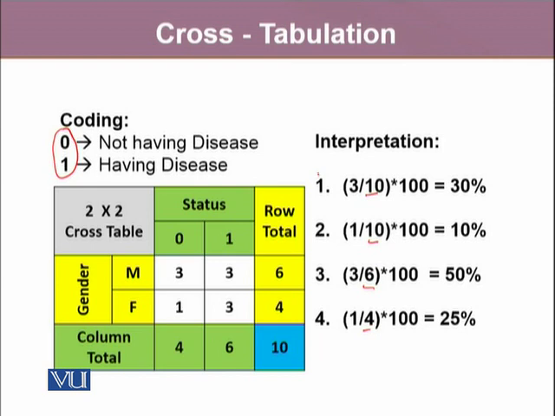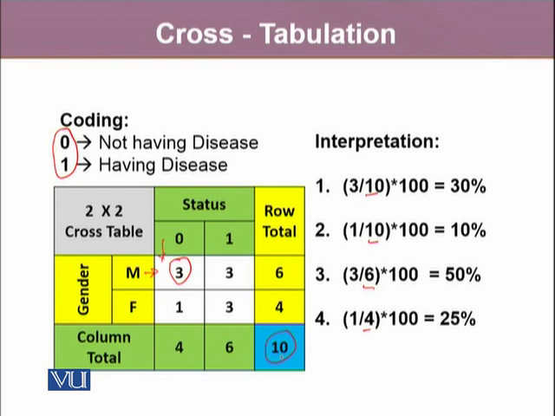Like in the first one, if we divide 3 by 10, we actually mean we are looking at the proportion of individuals who are male and do not have a disease. So in total, there are 3 males who do not have any disease in our data.